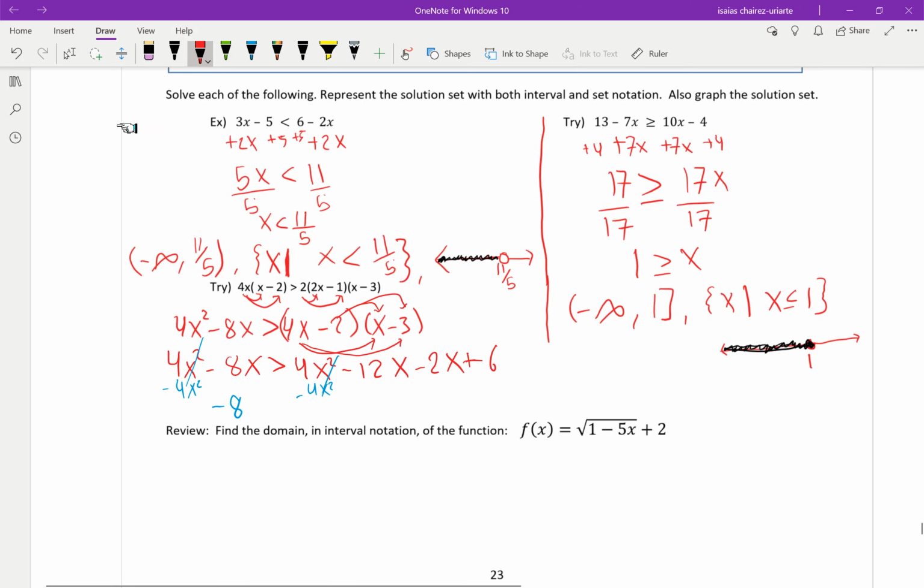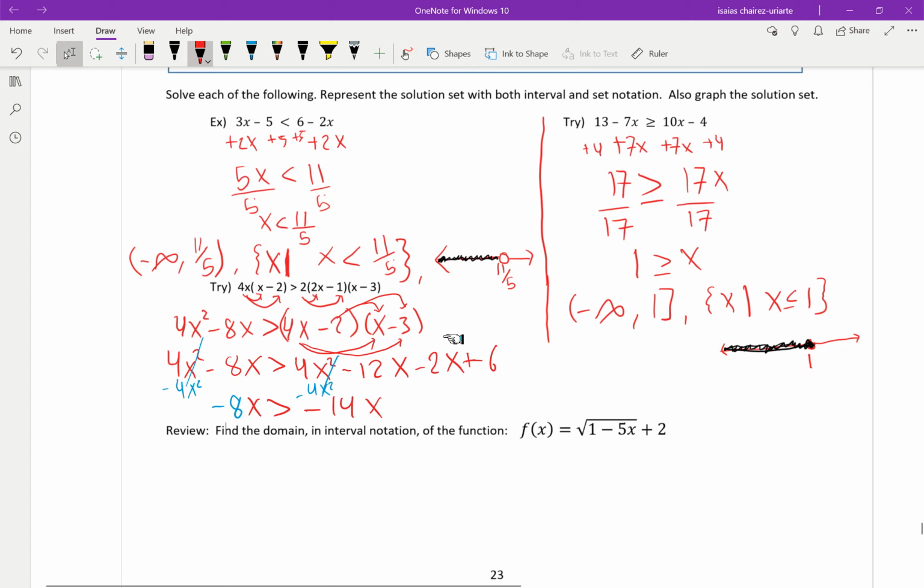I don't know why that is. That's okay. Negative 8x, there we go. Negative 8x is bigger than, and then I have 12x minus 2x, that's minus 14x plus 6.